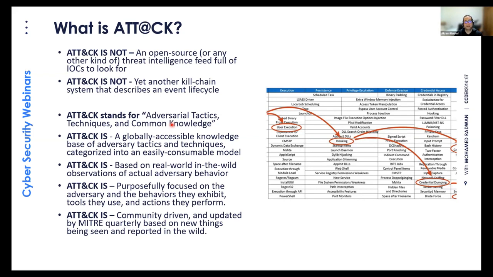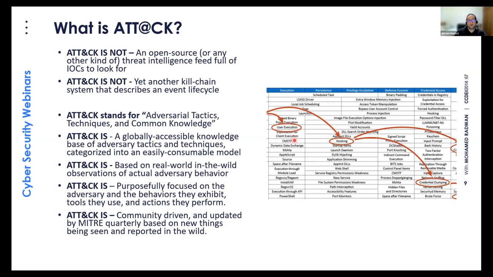So let's say someone is trying to steal passwords from the memory of the operating system. This is a known attack. It starts with execution. Let's say someone is developing a malware. The malware would first have to use a tactic called execution.